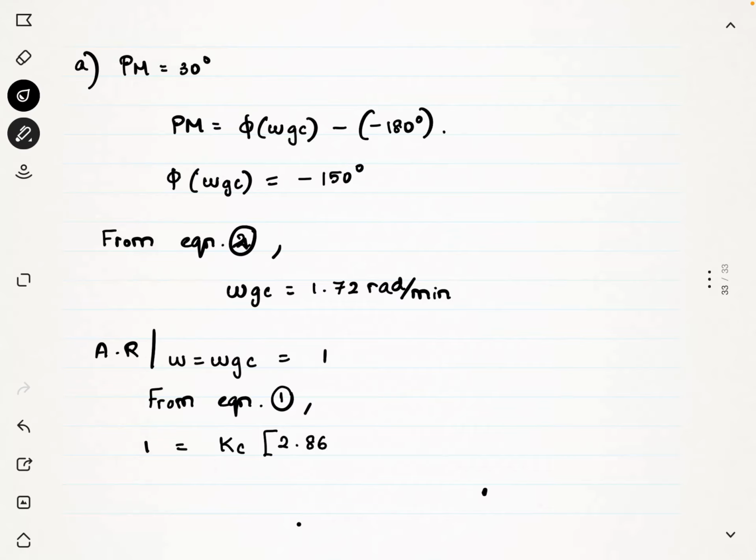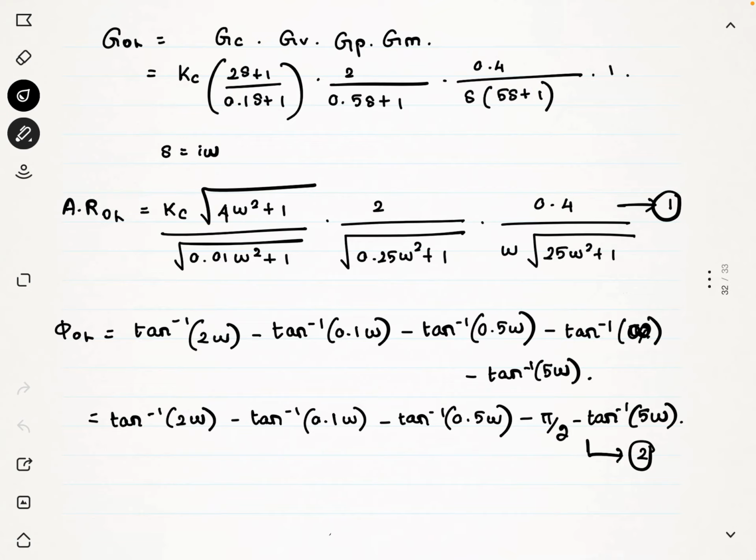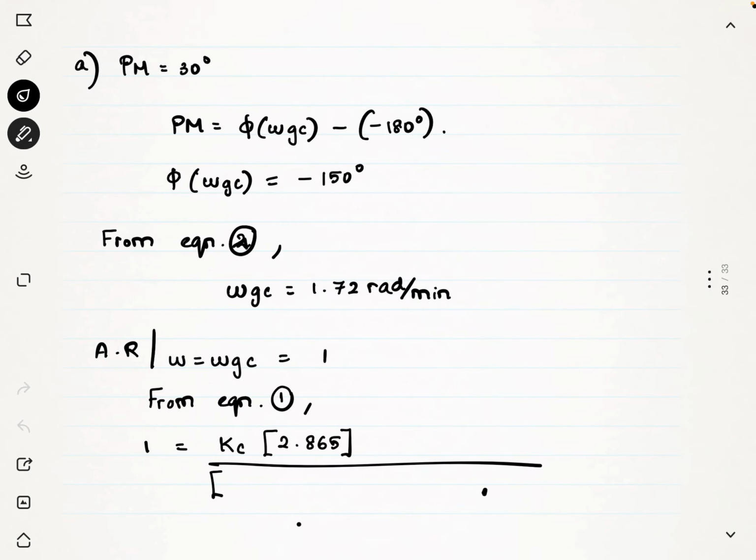If you simplify, you might get 2.865 divided by, so there are 4 terms in the denominator, 1.01468, 1.3189, 8.6579, 1.72.